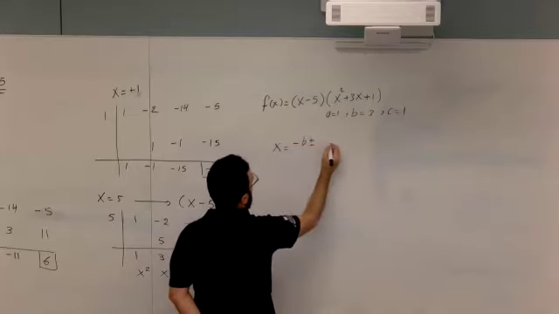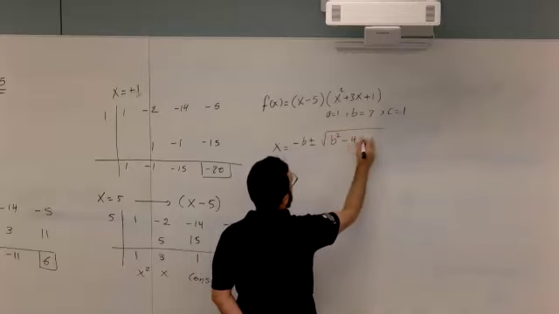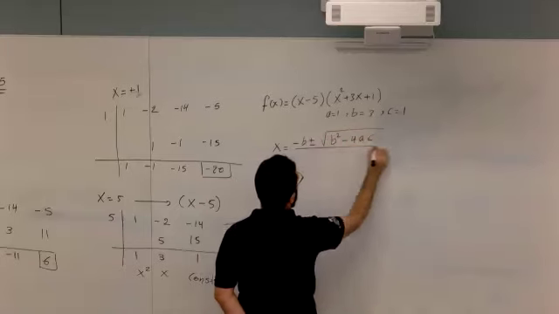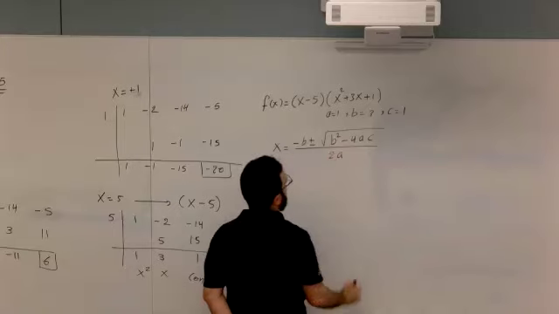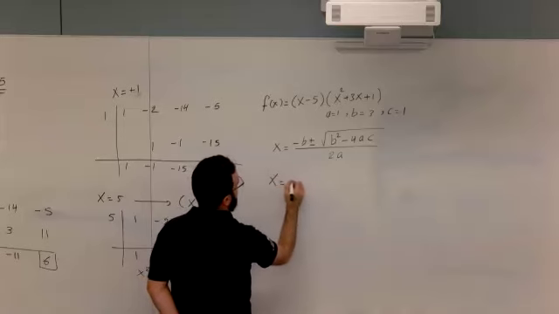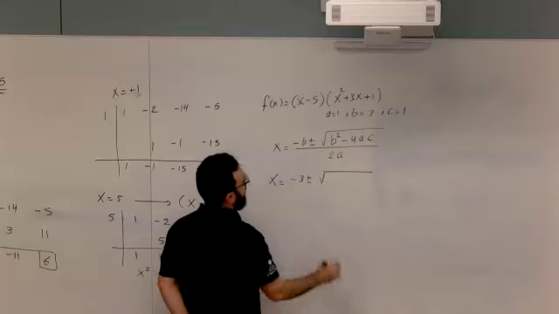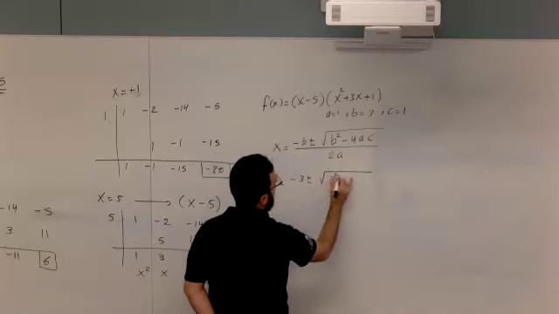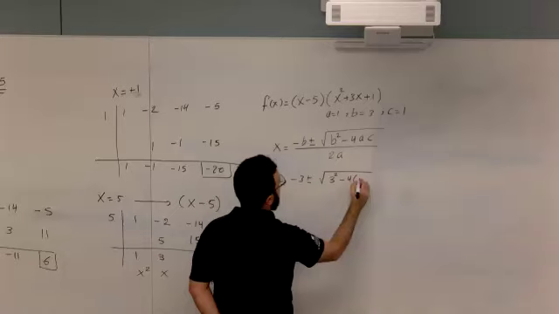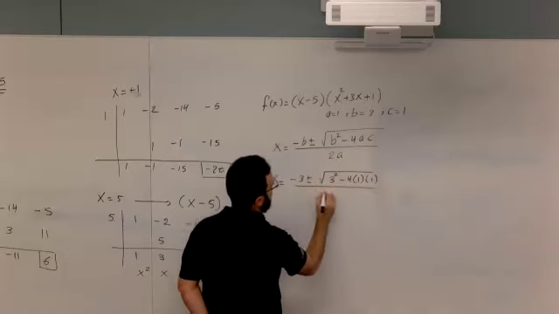Negative b plus or minus the square root of b squared minus 4 times a times c, divided by 2a. Plug in: negative b is going to be -3 plus or minus the square root of b squared, minus 4 times a, which is 1, times c, which is 1, divided by 2 times 1.